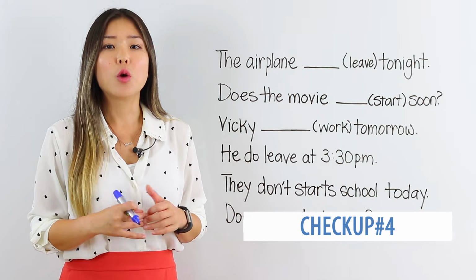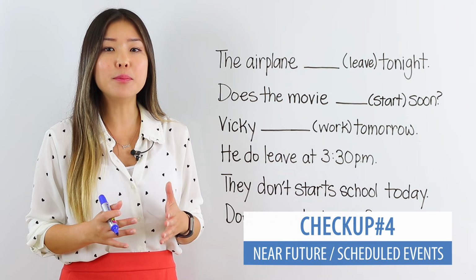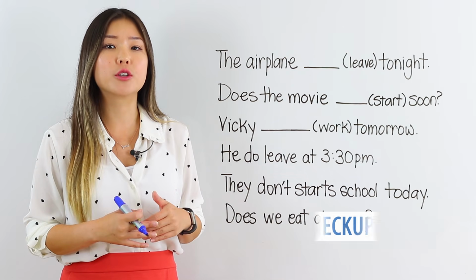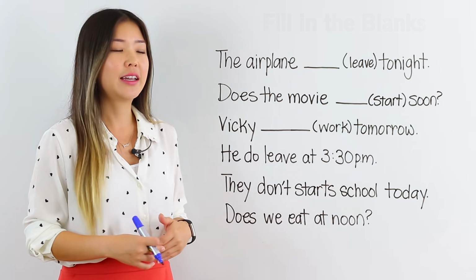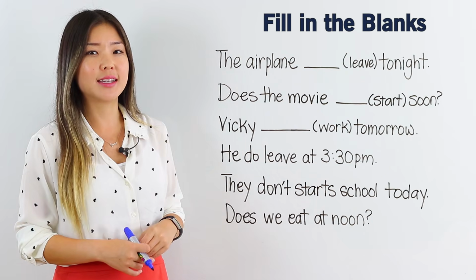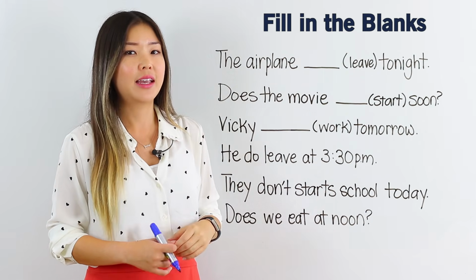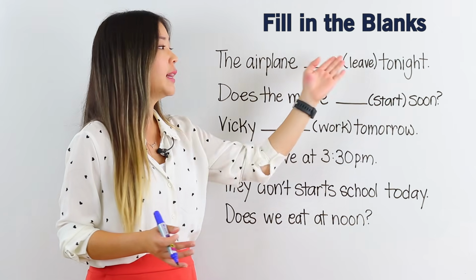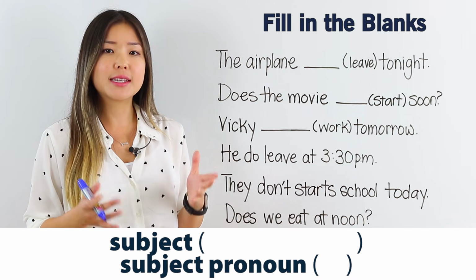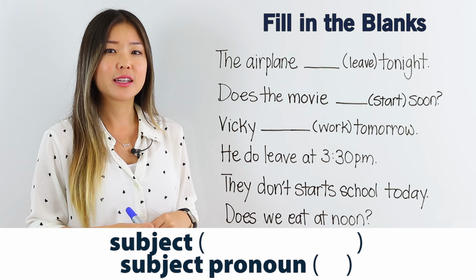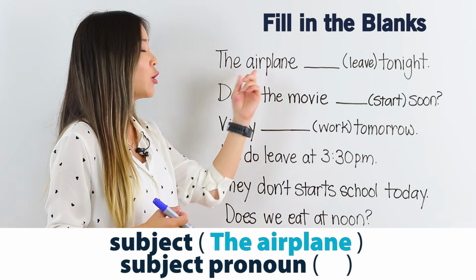In this checkup, we'll take a look at how the present simple tense can be used to describe future events. Take a look at the first sentence. It says the airplane blank tonight, and we're looking at the verb leave. What is the subject of this sentence? The correct answer is airplane.